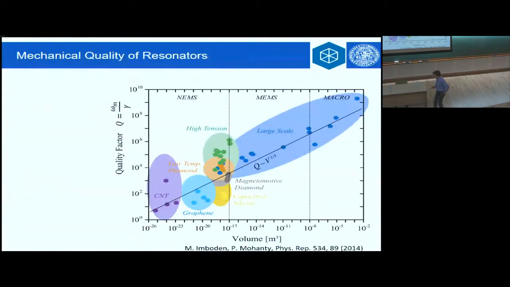Here is a plot for all kinds of systems, not only optomechanical systems, and without really giving an explanation, one can see that the length scale of the resonator scales with the mechanical quality. So larger scale oscillators typically have a better quality factor.